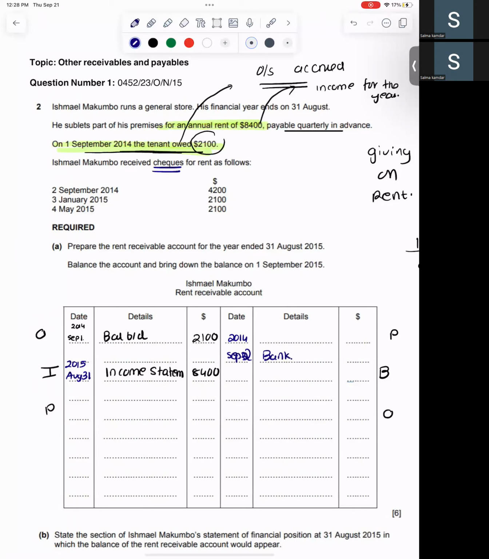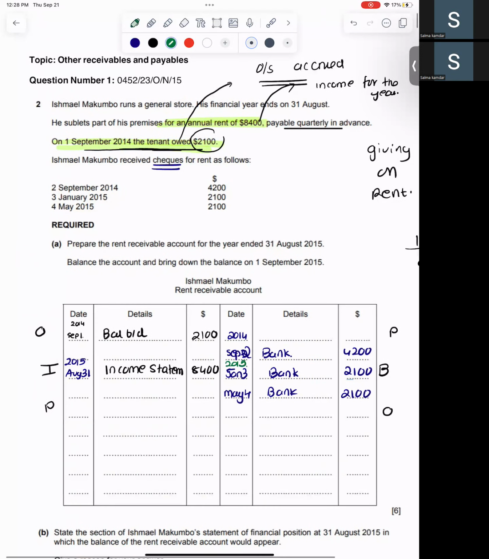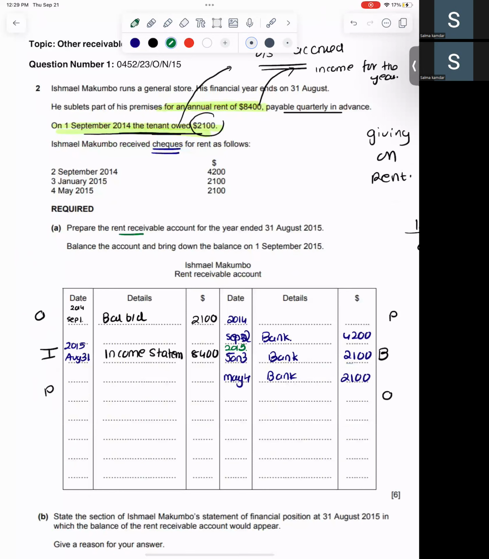He has received cheques, so I will keep on writing on the different dates. Year will be 2015. They want me to prepare the rent receivable account.